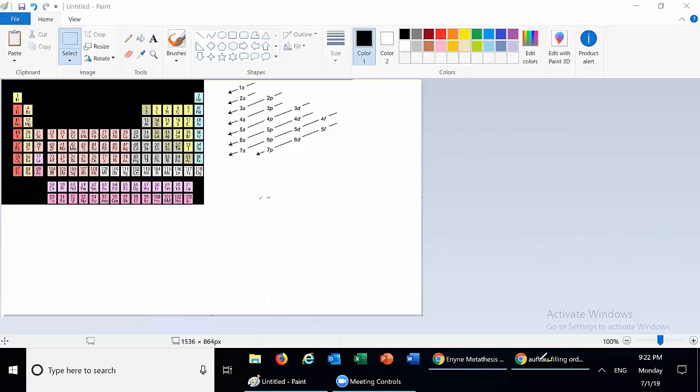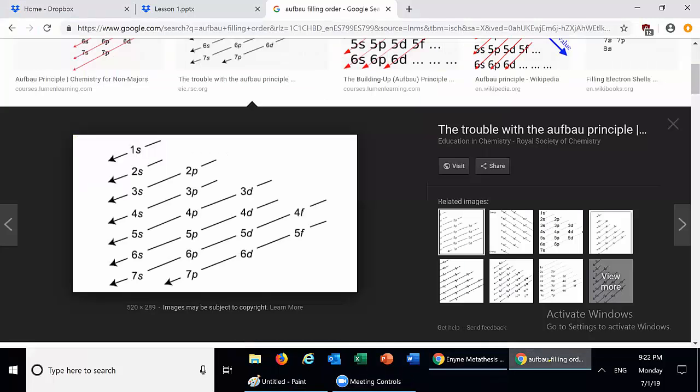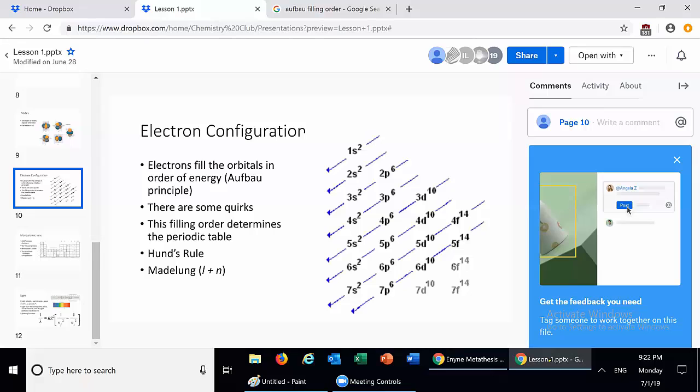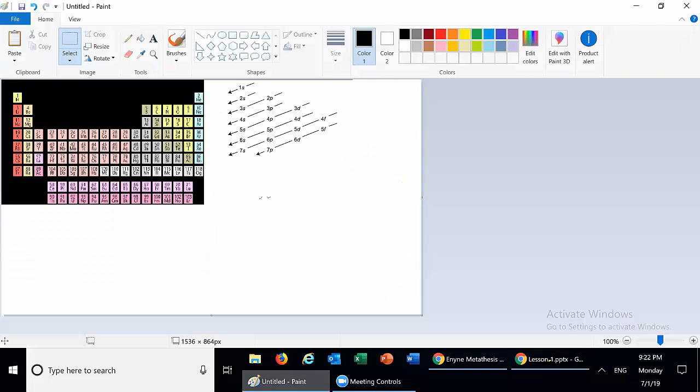And I think we still need to talk about Hund's rule. This has to do with the spin of the electron, m sub s.